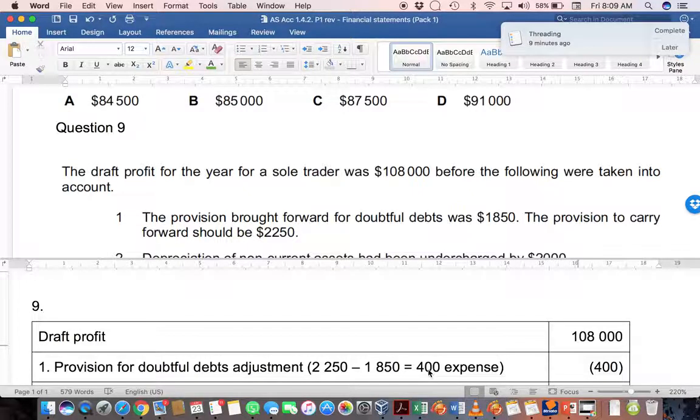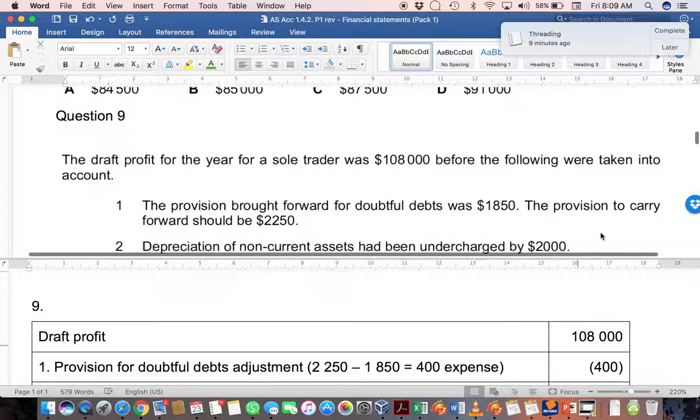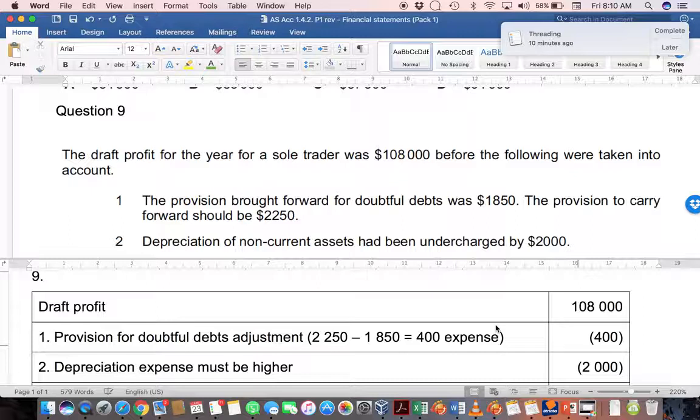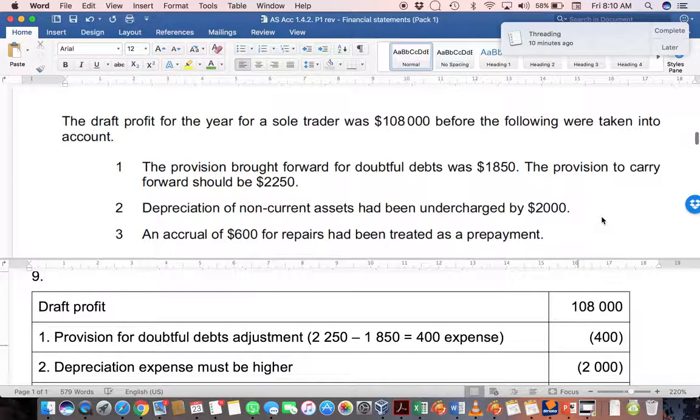So the adjustment would work out as an expense of $400, which I need to subtract. Number 2. Depreciation of non-current assets has been undercharged by $2,000. In other words, they have forgotten to depreciate something by $2,000, and so therefore you need to make that expense higher and subtract a further $2,000.